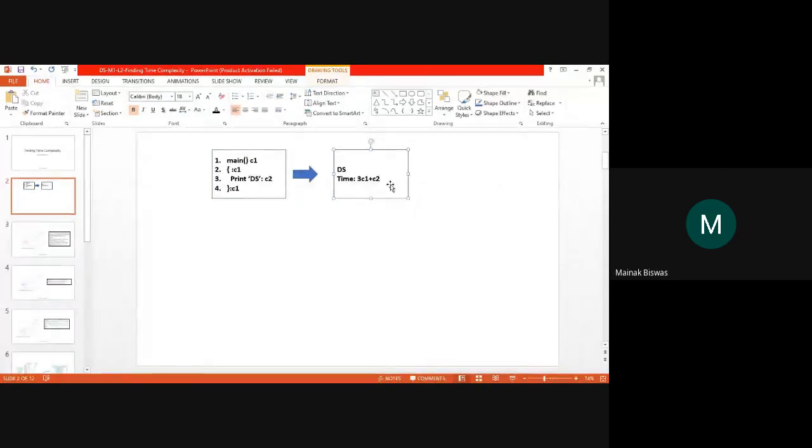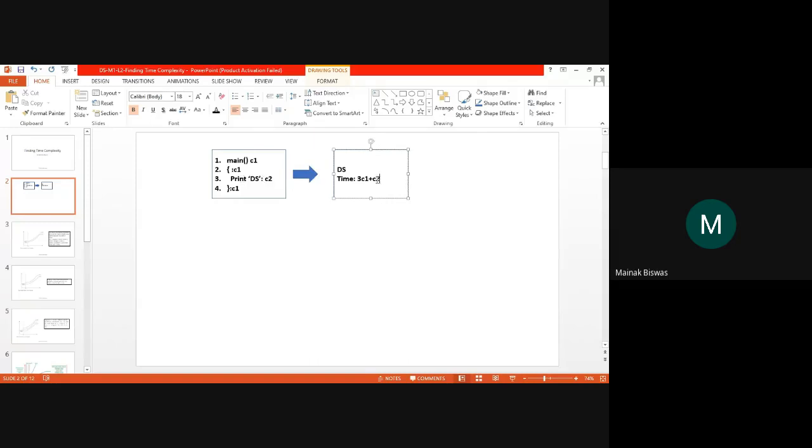the time it takes is basically 3C1 plus C2. But C2 may take much more time because it's a printing operation. It goes to the graphic processor and the monitor, so it takes much more time.